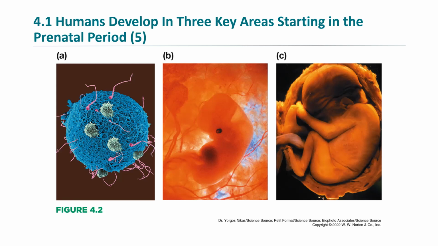And then finally the longest stage, the fetal period, from week 9 until birth. It's a time of tremendous physical growth, and brain development is also very amazing during this period as the baby tries to get ready to survive outside the womb.